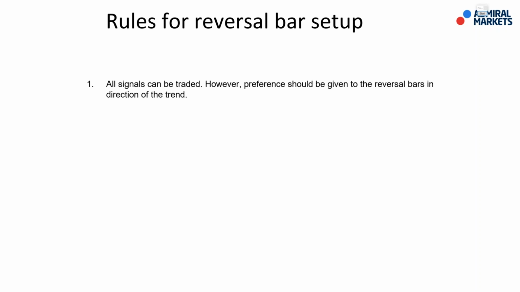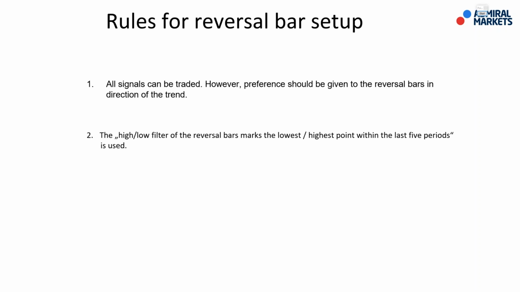It's only a proposal from my side to you. Don't use reversal bars against the trend. Never fight against the trend. Basically, you can trade every reversal bar, but preference should be given to the reversal bars in the direction of the trend. This is the first rule.